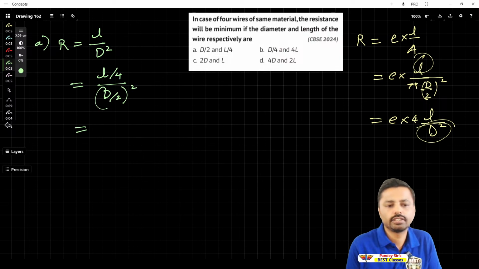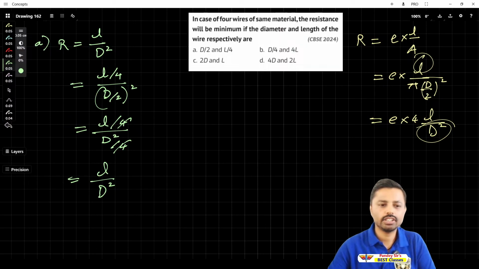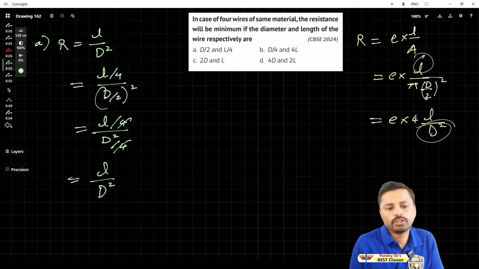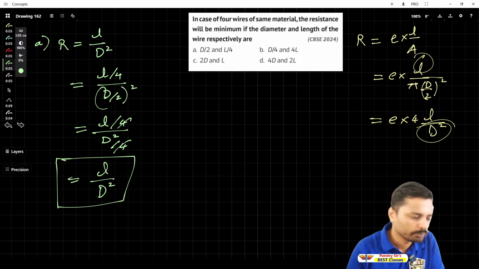So we get 4L by D square by 4. The 4 cancels. So the final value is L by D square. That is what we are getting. Means not much difference. We are almost getting the same thing. So this is the value in A, and it doesn't look much different than the normal one.